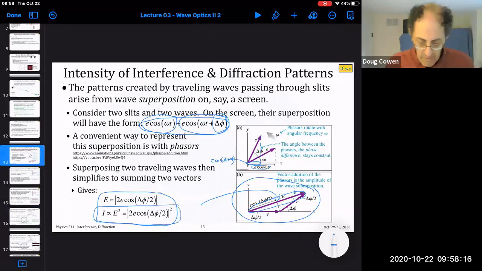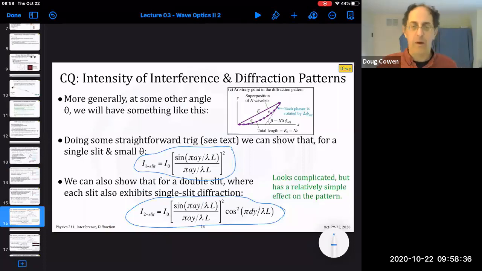It arose from adding these two sinusoids together, and then squaring the sum of the two phasors that represents them to get something that depended on cosine squared. So that's where that cosine squared comes from.